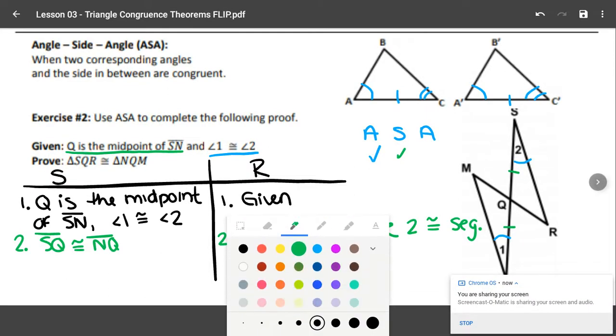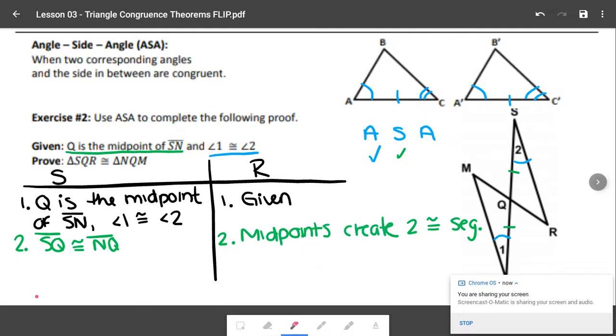If I look carefully, I know that I'm out of information from my given. There's nothing else that I can get from what I've been told. So in this case, I look to the picture to see if there's something that I know is true. These two angles are congruent. And I can write out the angles SQR and NQM. But since we're using the 1 and 2, we can label this 3 and 4.